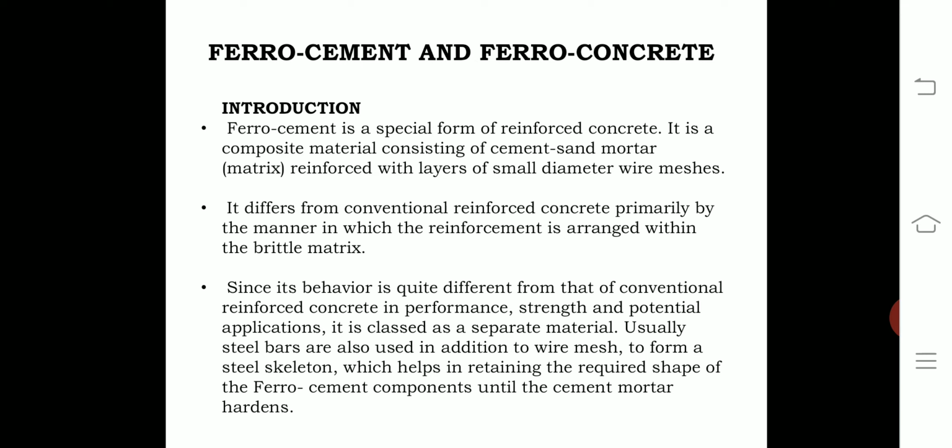In the early 1940s, the Italian engineer-architect Dr. Pierluigi Nervi resurrected the original idea of Lambert and established the preliminary characteristics of ferrocement through a series of tests. He also pioneered the use of ferrocement in buildings by constructing small storehouses and covering a swimming pool with a 15-meter vault.